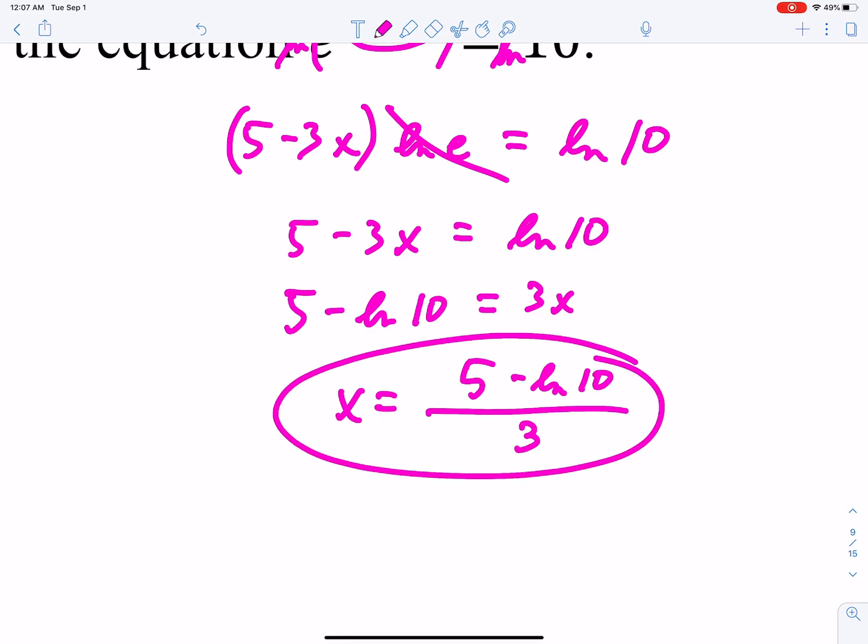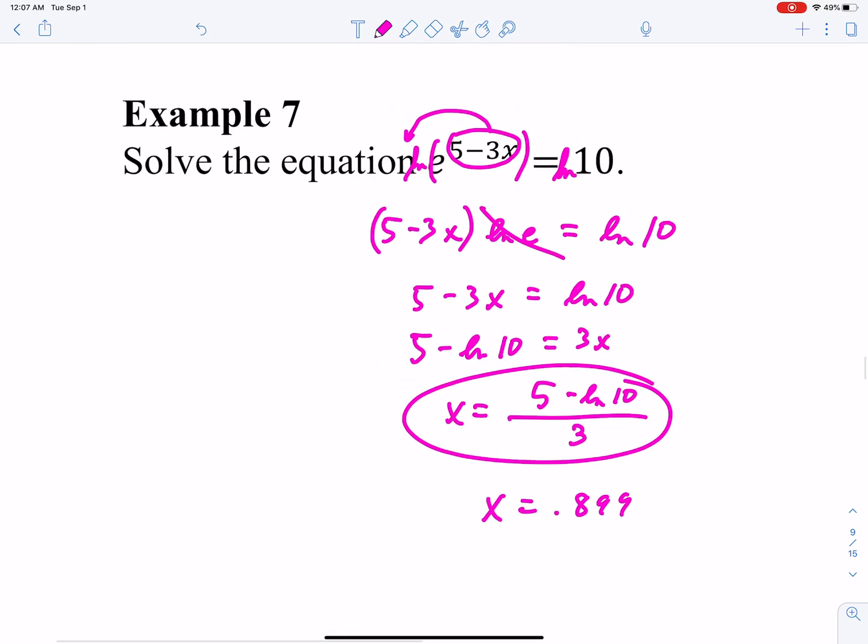And there we go. And if you really want, if you're bored, punch it into a calculator. You should get something like 0.899. But on a test or quiz, I'm very happy with that answer. Actually, more happy with the answer I pointed to here.